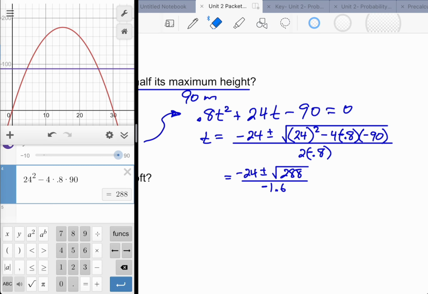Yeah, so 288 is 144 times 2, so that's nice. Or nicer, anyway. So negative 24 plus or minus, that would be 12 radical 2, over negative 1.6.